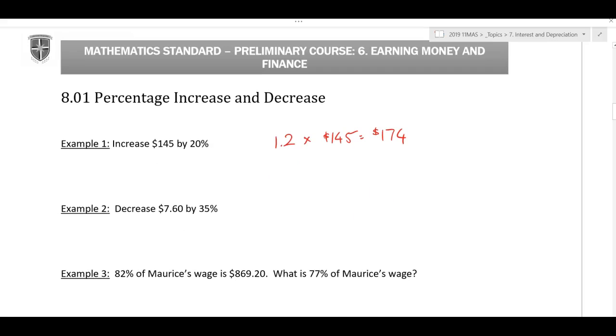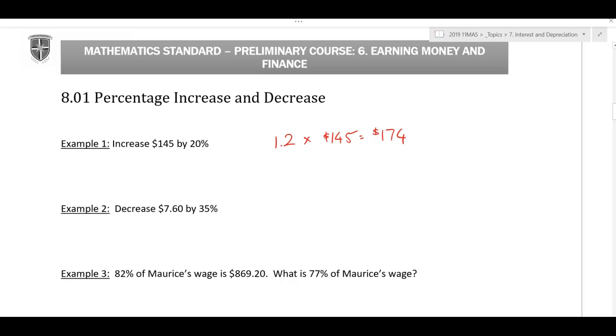For example 2 here, similar but different, decrease this amount by 35%. I could find 35% and subtract it from the $7.60. But more efficiently, and more helpful when we come to other problems down the track, if I take 35% away, I'll have 65% left. That's 100% minus 35% is 65%.